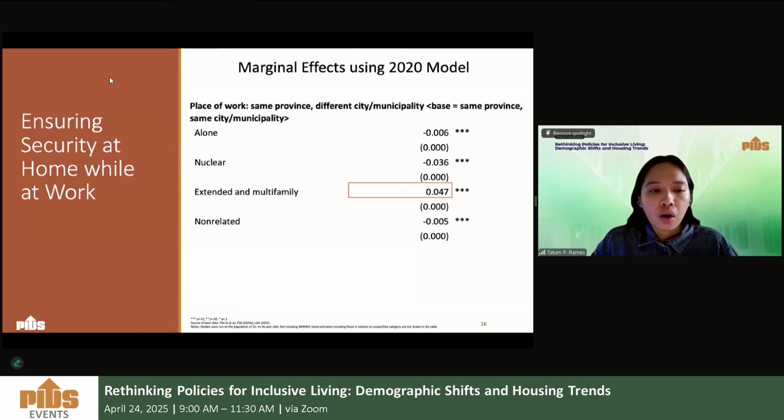So it is possible that there are relatives that are left at home, or staying at home or nearby the house to ensure the security of the house, while the other members are working in a different city or municipality. And we see a similar effect in terms of working females. Next slide, please.